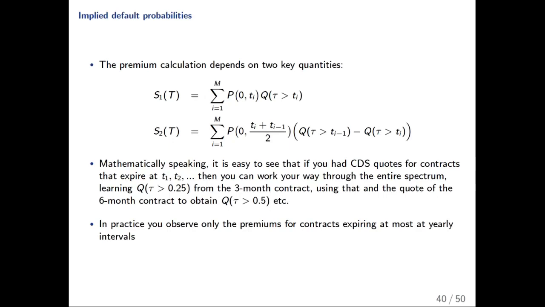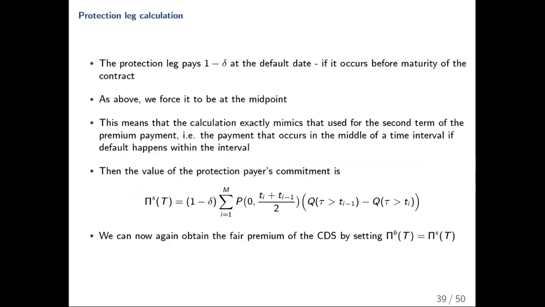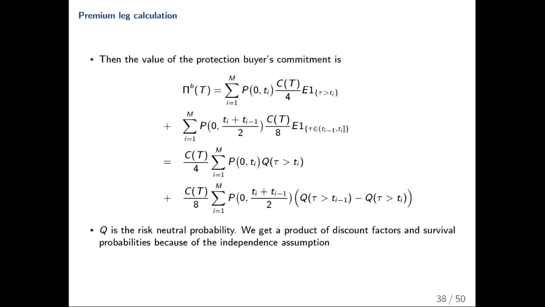Just imagine we have the very first CDS quote in the market, for one quarter. Let's call it C of 0.25. I know that this C of 0.25 is the C that solves this sum.